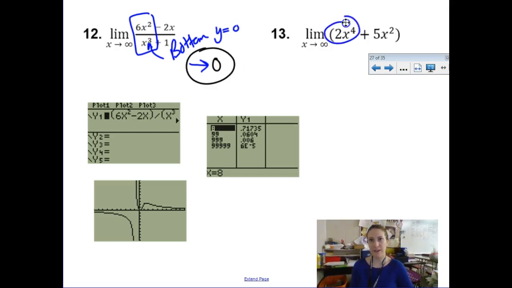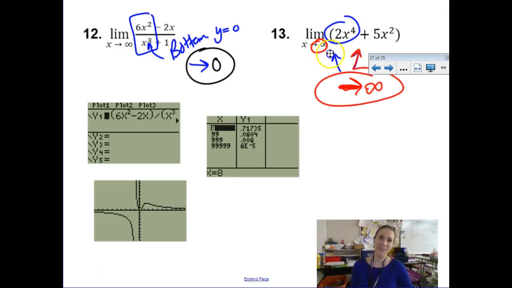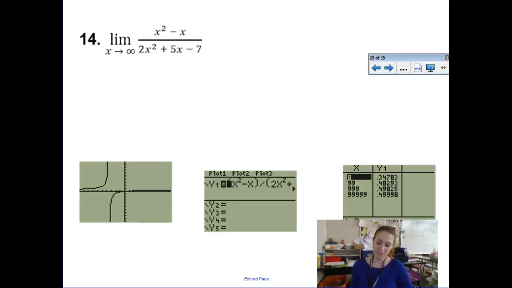Polynomial, this time we have positive coefficient with an even degree. So the ends are going to both go up, up. So on the right end, it's approaching positive infinity. There we go. Again, all of this can be confirmed on your calculator. You don't have to remember the rules, but man, this goes really fast if you know your rules.